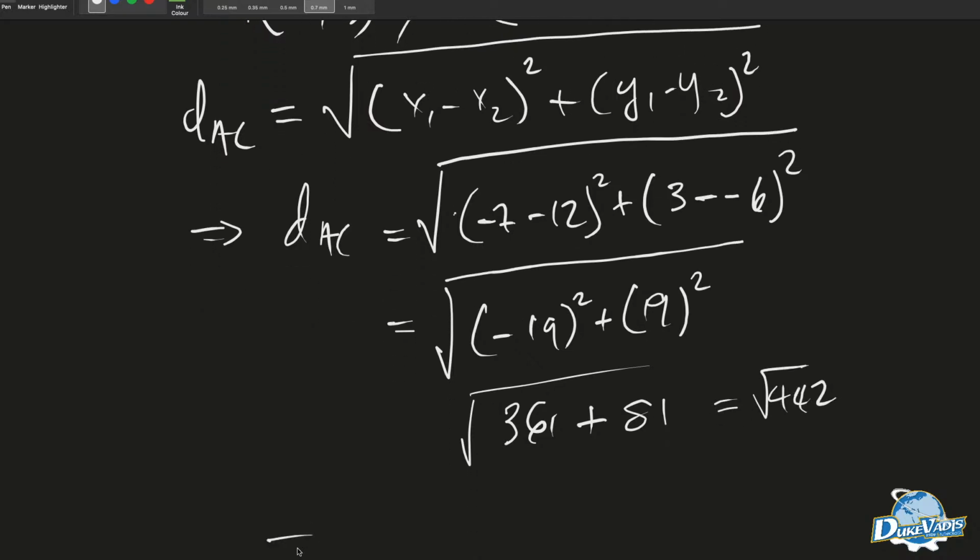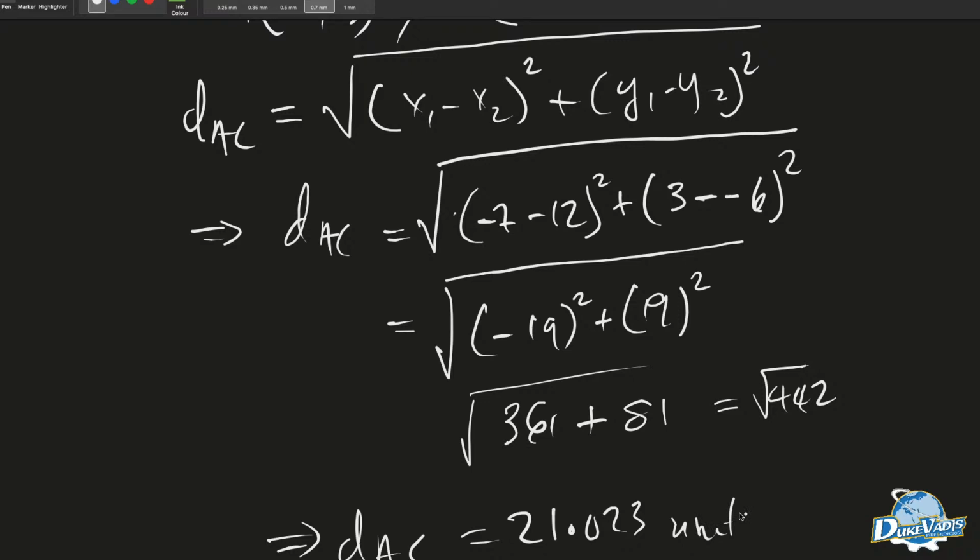This implies the distance AC is the square root of 442, and that is 21.023 units. Okay, so this is the distance AC.